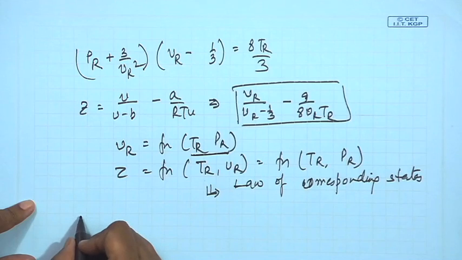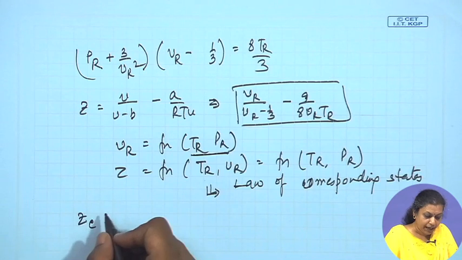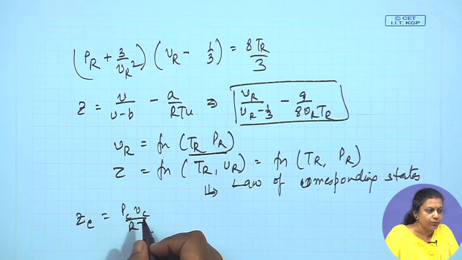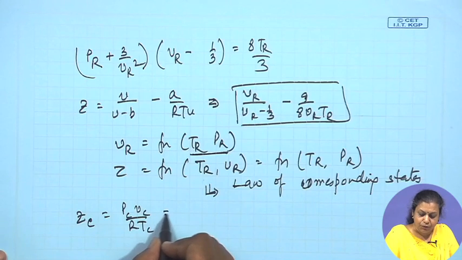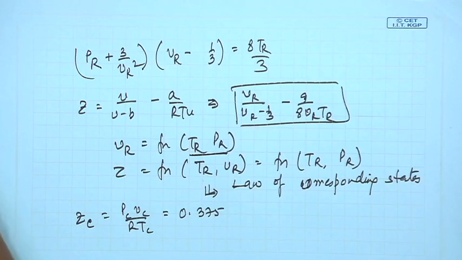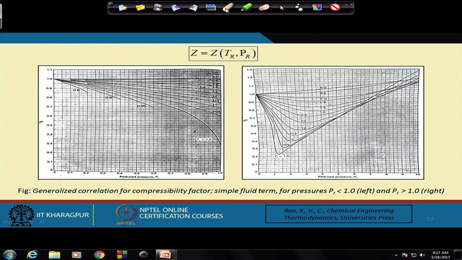What is Zc equal to? Can you tell me? Suppose you calculate Zc from here, we find that this is equal to Pc Vc by R Tc. You try to find it out from the basic van der Waals equation, and we find that Zc for all gases reduces to a unique value, which I have mentioned here: 0.375 as obtained from the van der Waals equation.